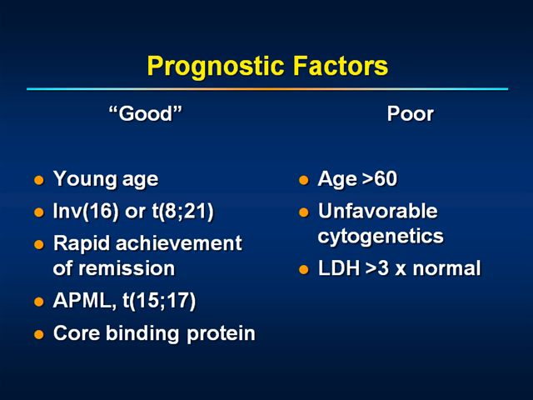Now, the APML, or the T15-17 translocation, has a much better cure rate. It approaches 80%, and it's treated very differently. Core binding protein is, I wouldn't say exactly experimental, but it is still uncertain how to use that, but it is a better outcome. Poor prognosis is age greater than 50, unfavorable cytogenetics, and LDH greater than 3 times normal.